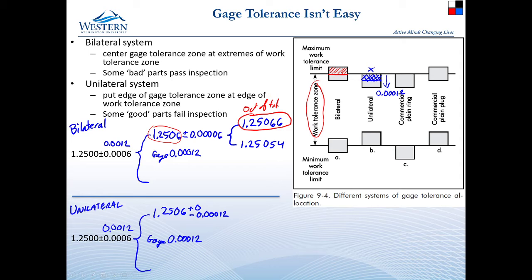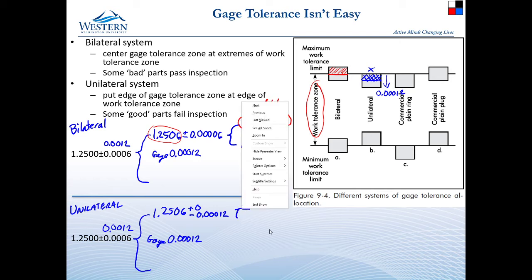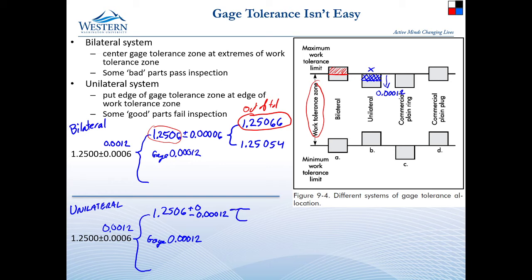If I look at this bottom structure, doing this unilaterally, what we would see here is that the largest I can get is 1.2506, and the smallest I can get is 1.25036, so that is the 1.2506 minus the 120 millionths. And so this is still within the tolerance zone, so I am never going to send a bad part down the line.